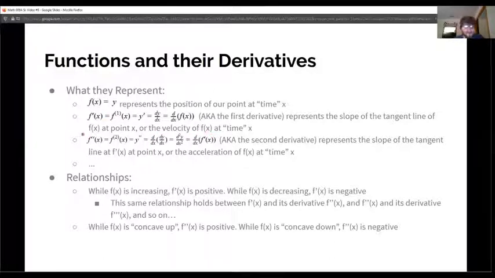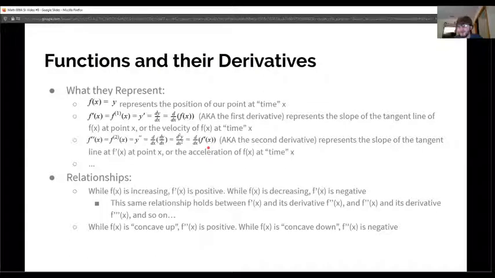And similarly for our second derivative, we can denote it f double prime of x, where we have these 2 apostrophes here, or you can say f with 2 in parentheses up here, or y double prime, or this is saying d over dx, the derivative in terms of x of dy dx, or d squared y over dx squared, or the derivative of f prime of x, like this.